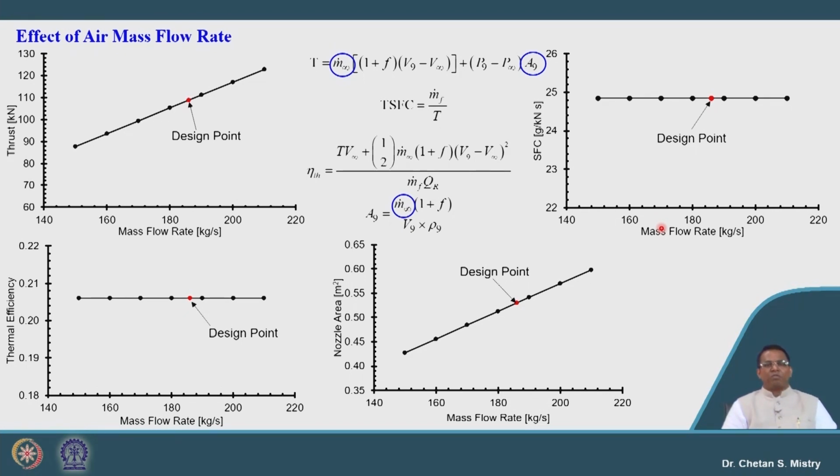So, people found not much benefit in terms of the next requirement in efficiency and specific fuel consumption, and that is the reason why the two spool configuration has not had that much popularity.